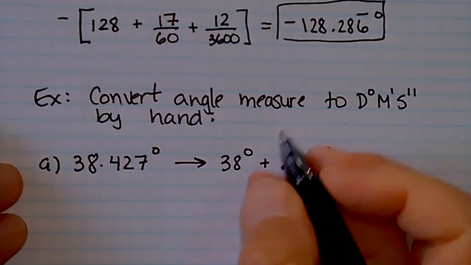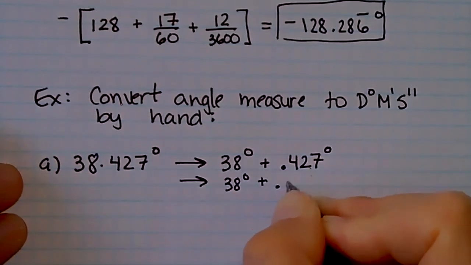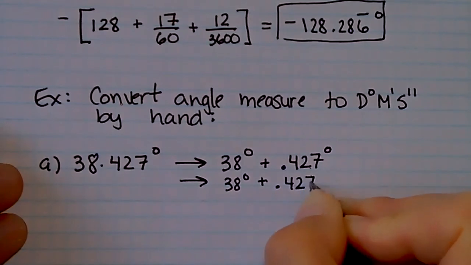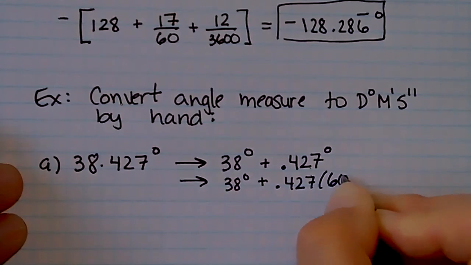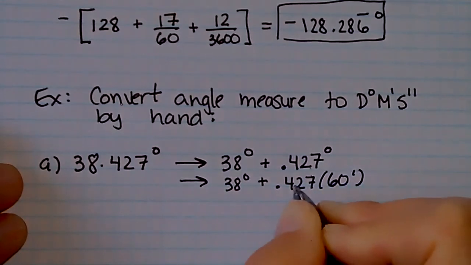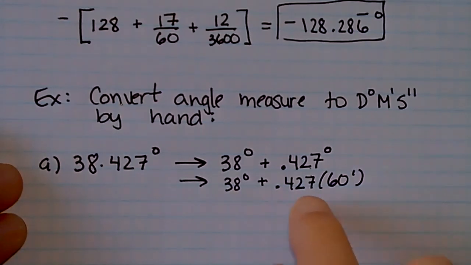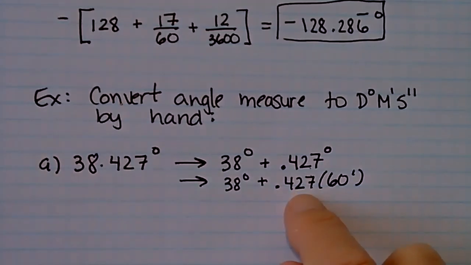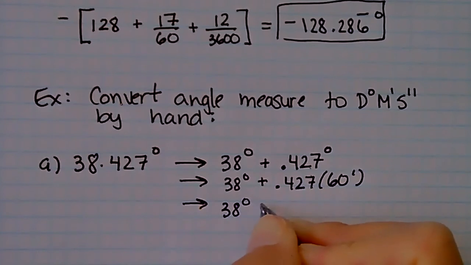So I am going to take 38 degrees plus 0.427 degrees times 60 minutes. So now this is going to convert it to minutes, okay? Because I don't have a whole minute, but however many degrees I have here, I'm going to multiply it by 60 minutes.